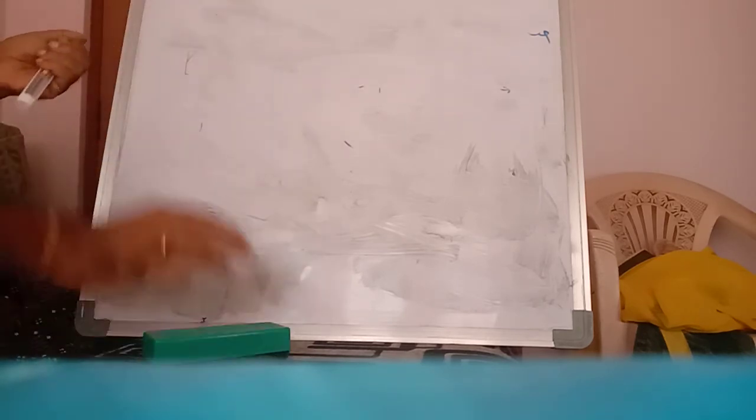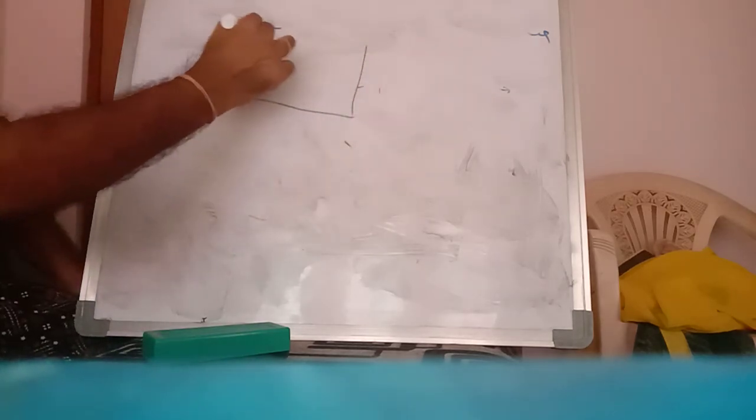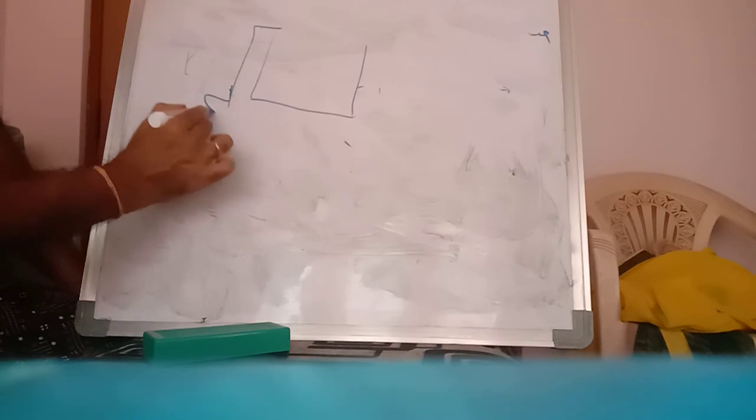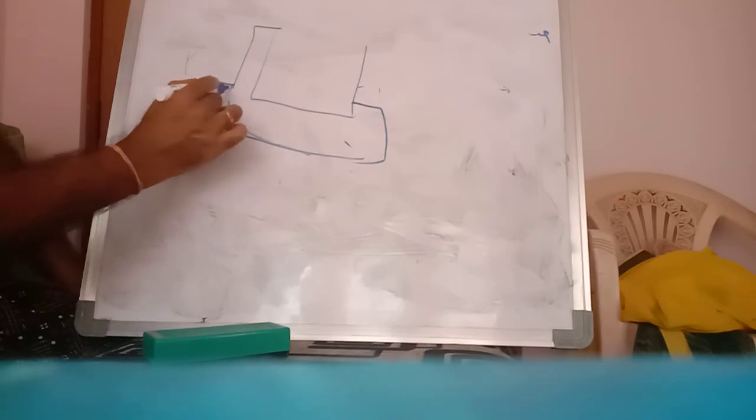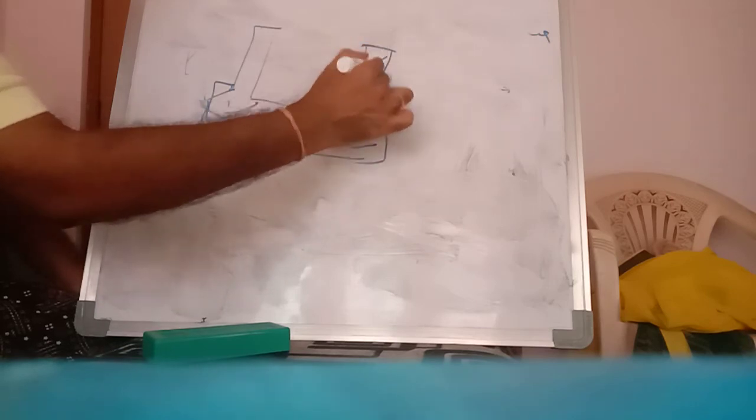It is when the relative motion between the links occurs in a definite direction, but not by itself, but by some other means. For example, take the footstep bearing.